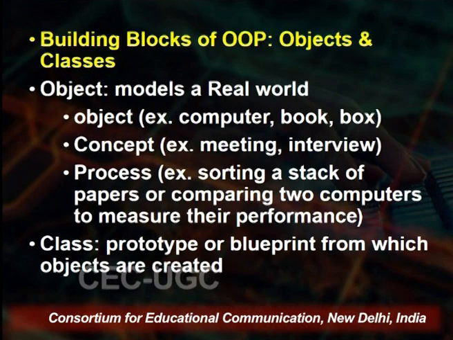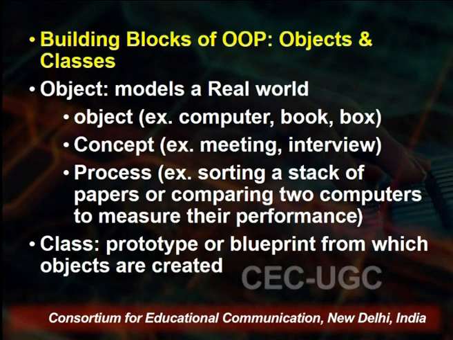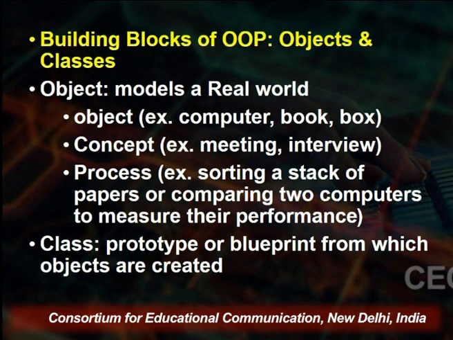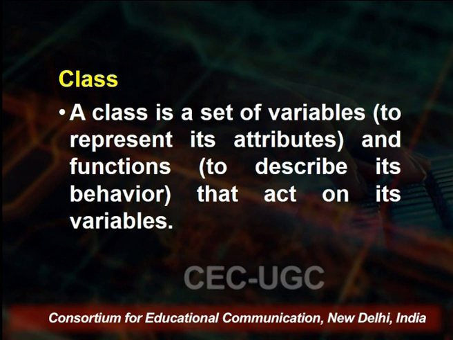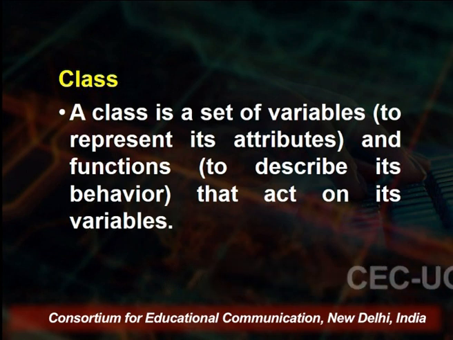When we talk about objects, in order to model a real world entity or concept or even a process, we use objects, and the blueprint from which the objects are created is your class. Classes and objects are the basic building blocks of the object oriented programming paradigm. Then a class, as I have told you, is a set of variables which is used to represent the attributes and functions.